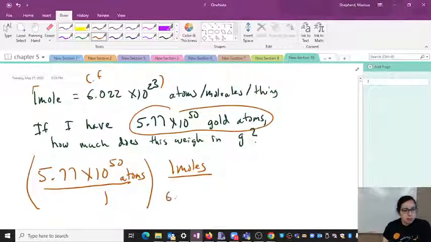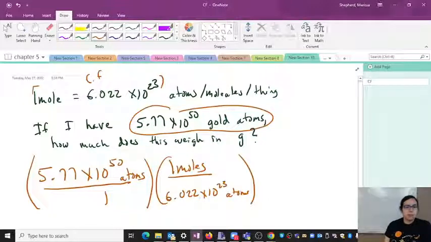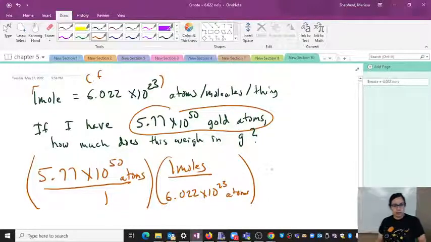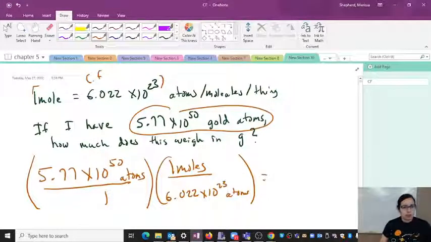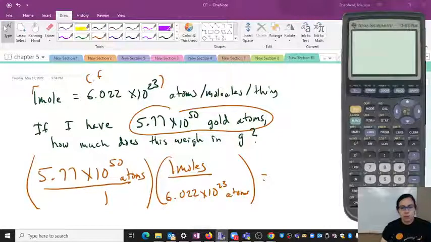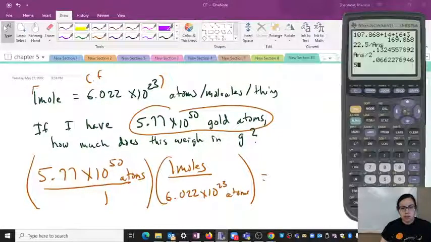Avogadro's number goes on the bottom, so 6.022 times 10 to the 23rd atoms. Now that will cancel, and I'll just pause here for a second. Of course, you could continue and go from moles to grams all in one line, but pause for everybody.